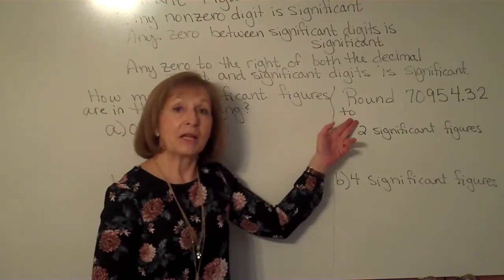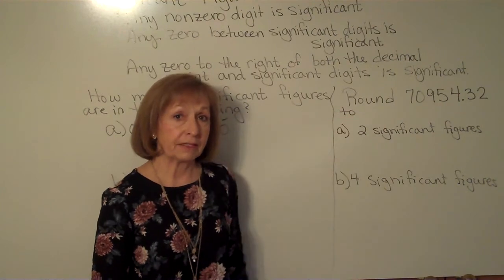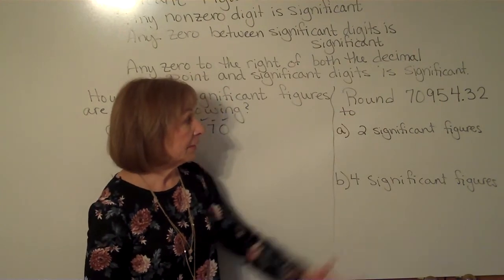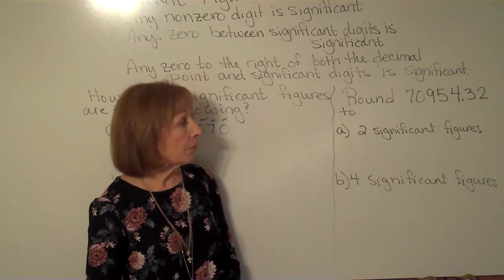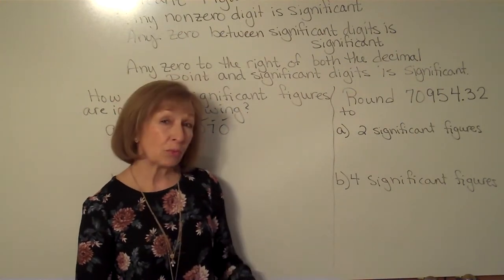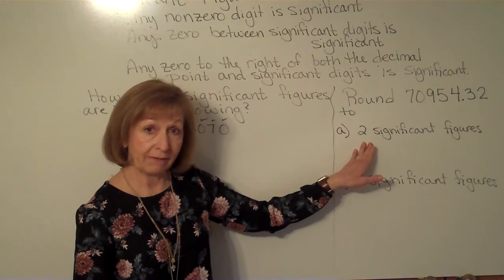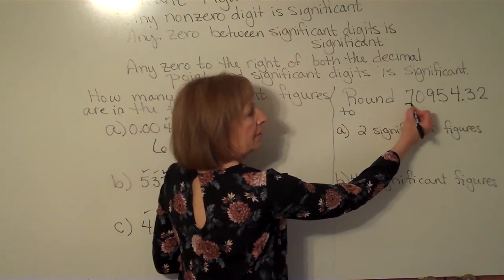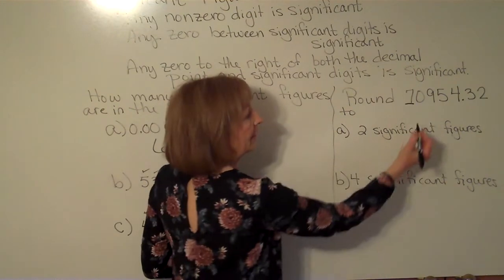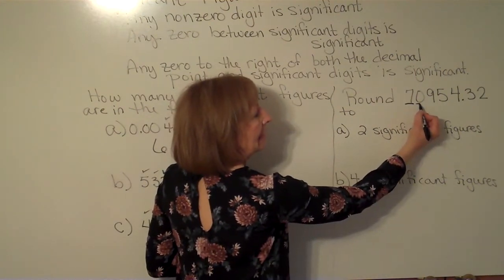How about if they give us a number and they want us to round to a specific number of significant figures? So let's say we have 70,954.32, and I'm supposed to round it to 2 significant figures. As we're looking from left to right, this would be my first significant figure, and then the second one.